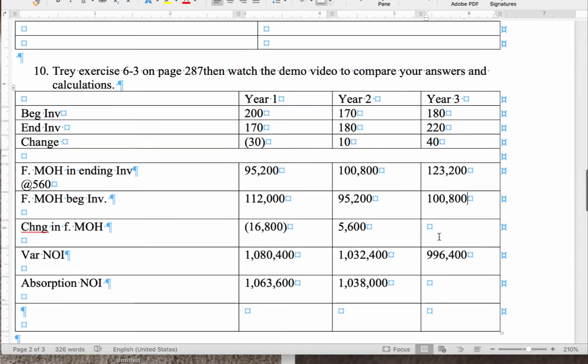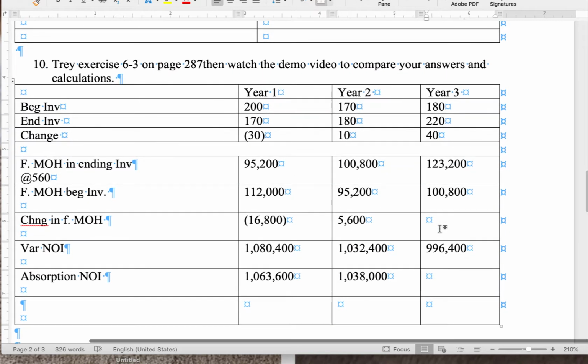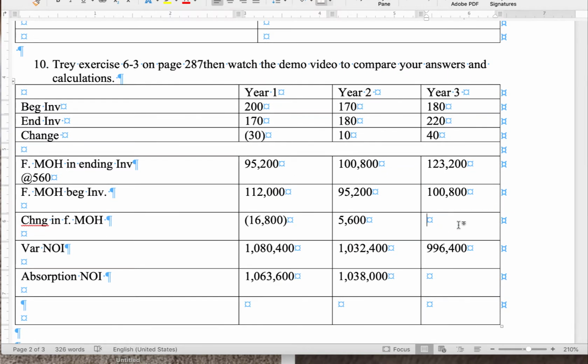Okay? That means I have a difference. The change in fixed manufacturing overhead is $22,400. What's happening? Inventory, again, is going up. What do I know if inventory goes up? If inventory goes up, my net operating income under the absorption method has to be higher than my variable NOI.